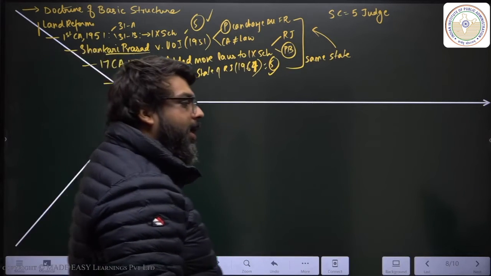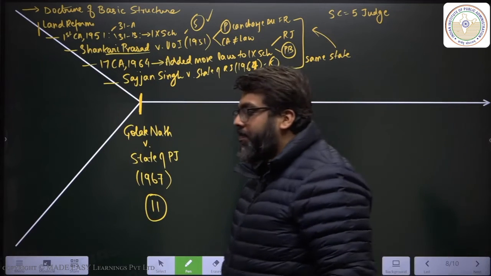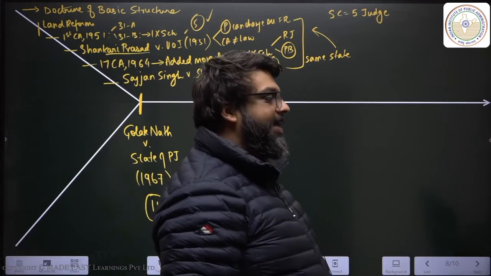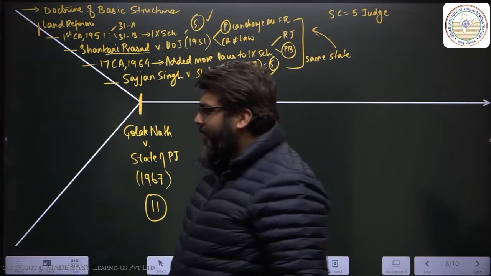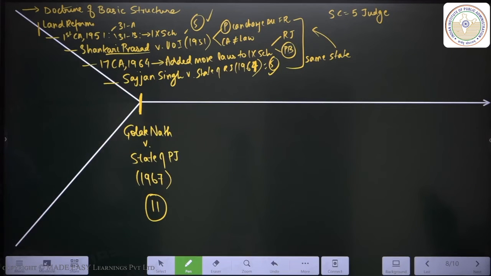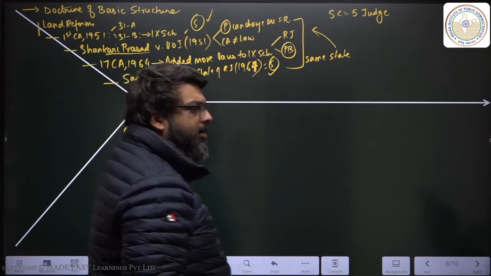Now, in the Golaknath case, the Supreme Court took a very practical opinion, woke up on a Saturday morning after the Friday evening and said, "Boss, what are you talking about? What is this ordinary law, constitutional law, constituent law? A law is anything which is enforceable.